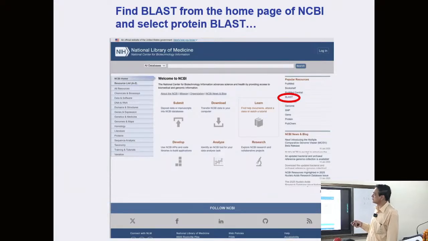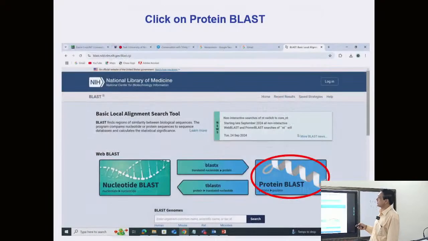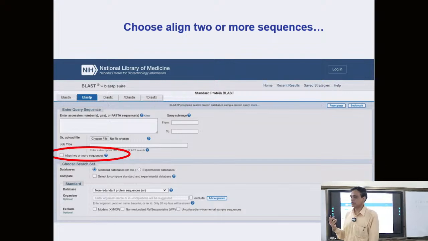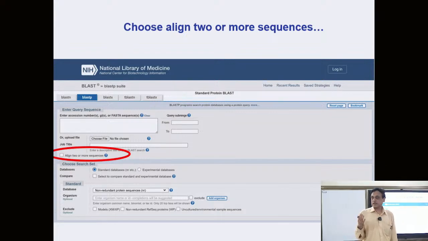For pairwise alignment, often you would want to use BLAST. It is one of the most used algorithms for sequence comparison. So, select BLAST and then select protein BLAST, and we would want to align two proteins. One is beta globin and the other is myoglobin.